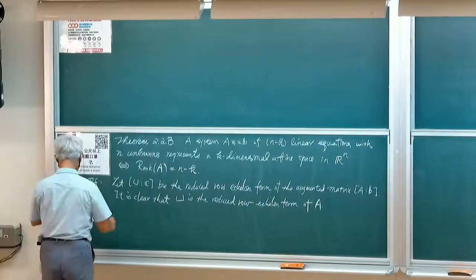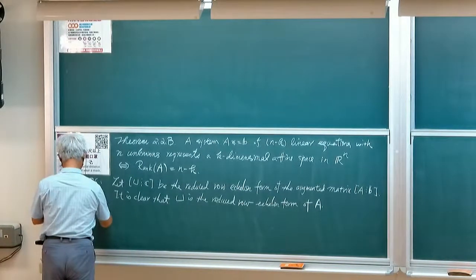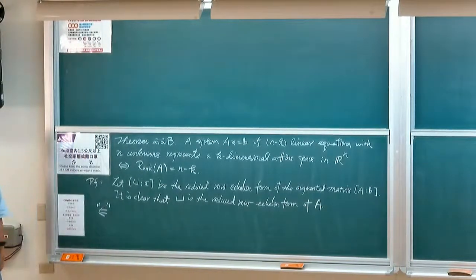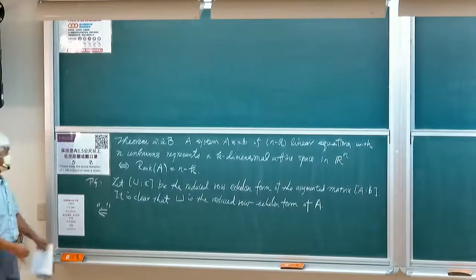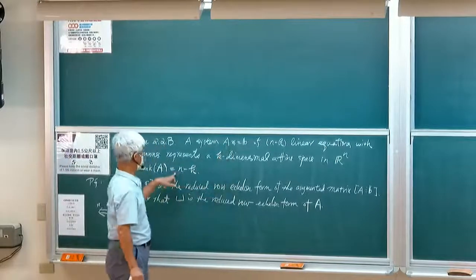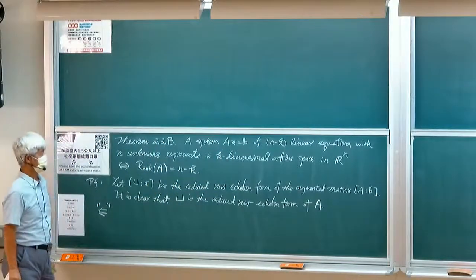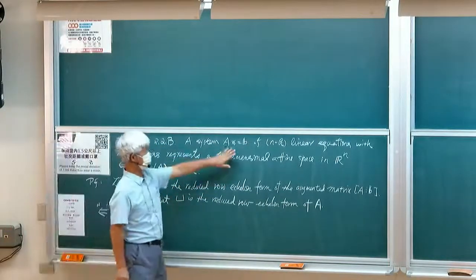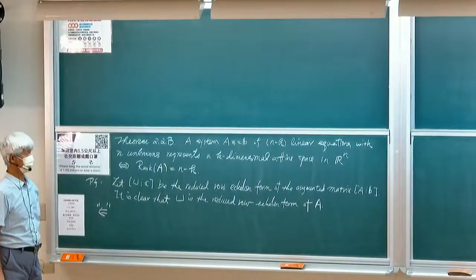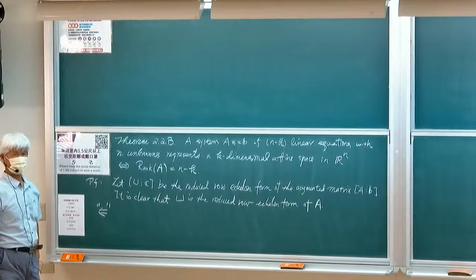If no questions, then we'll prove the "if" part first. We'll prove that if the rank of A is n minus k, then this linear system represents a k-dimensional affine space in Rn.